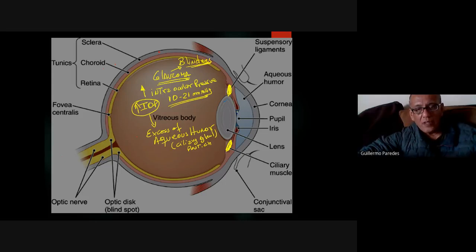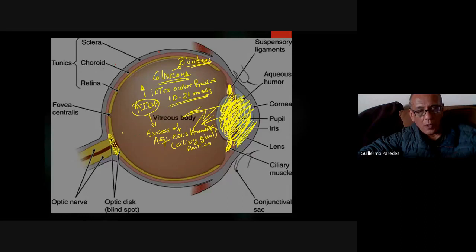So what happens with this excess of fluid in the anterior and posterior chambers? It is going to produce a big pressure back. It is going to push the vitreous body and basically strangulate the optic nerve.